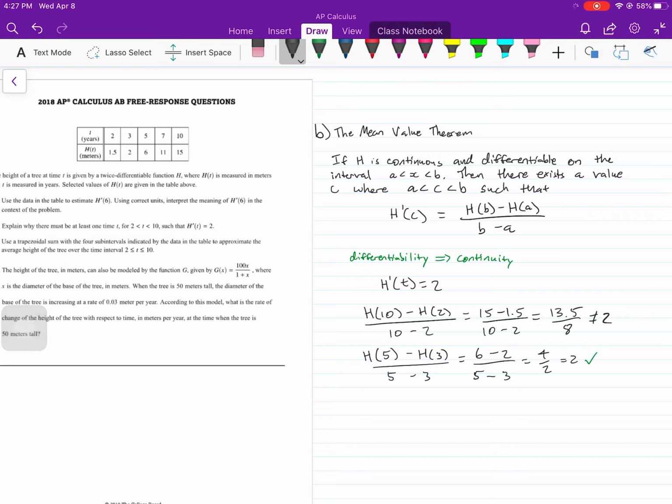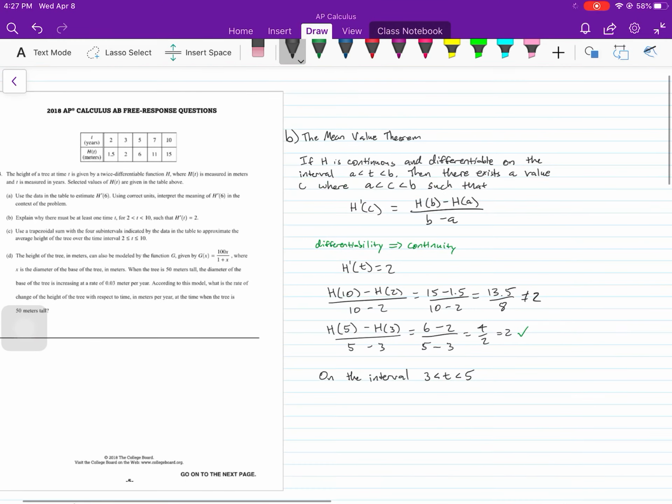So on the interval, I just realized that we are talking about time here, so I shouldn't be using x, I should be using t, on the interval from 3 to 5, there exists a value c, such that h prime of c equals 2.